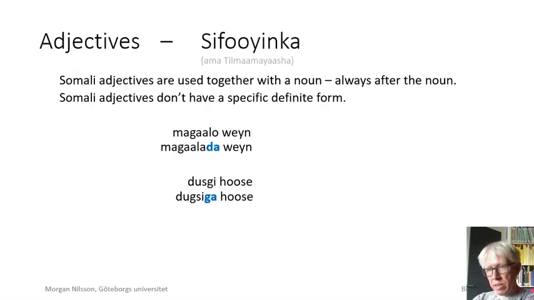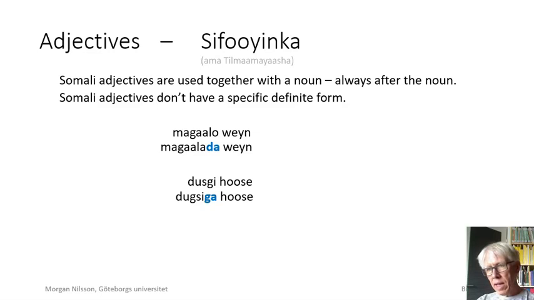Then we have adjectives. An adjective, sifo. Adjective, sifoyinka. It's very common also in Somali to see that the term tilmame is used for adjectives. But tilmame has been used in different books and by different authors for many other things in Somali grammar.